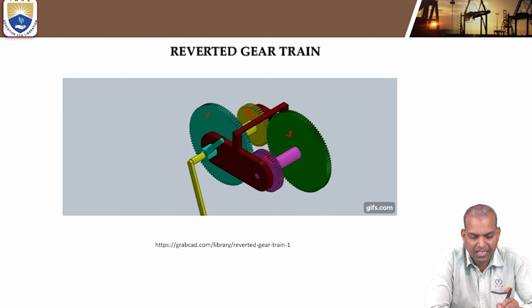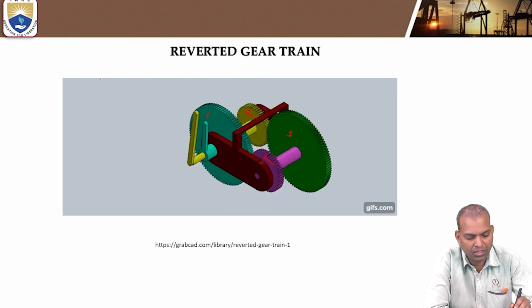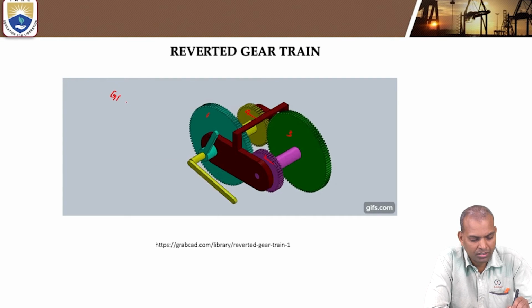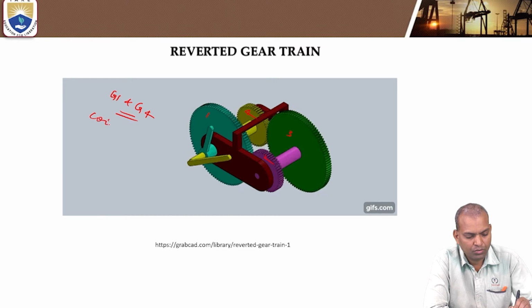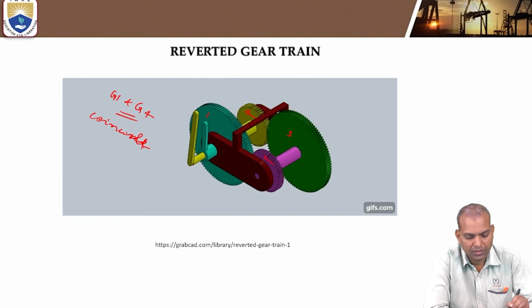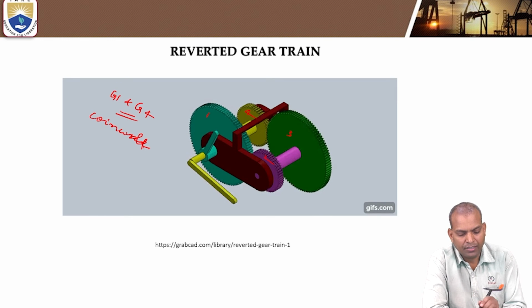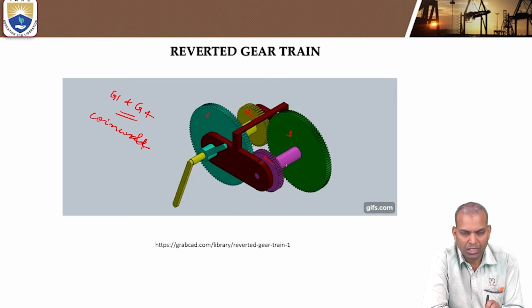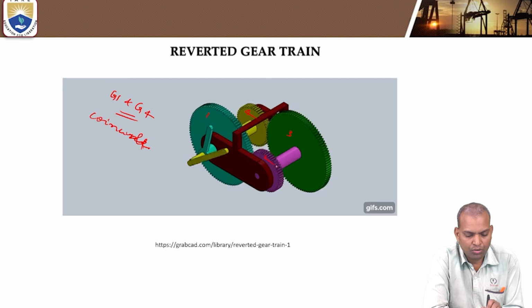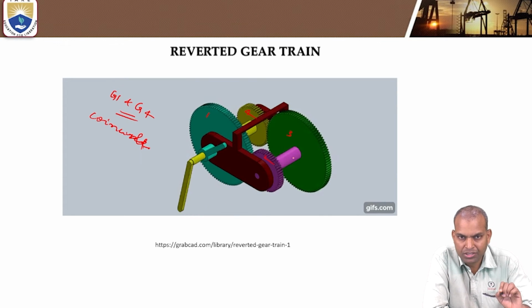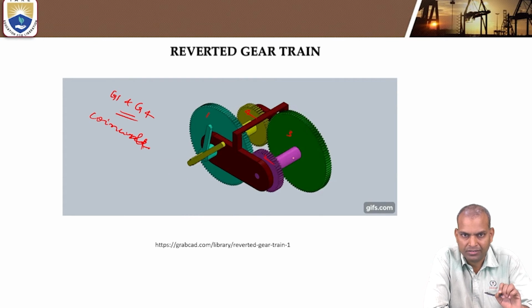But the axes of gear 1 and gear 4 are coincidental. Axes coincide. Now here, gears 2 and 3 are mounted on the same shaft. So a reverted gear train is also called a compound gear train.